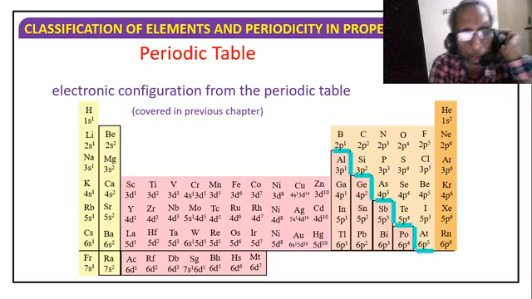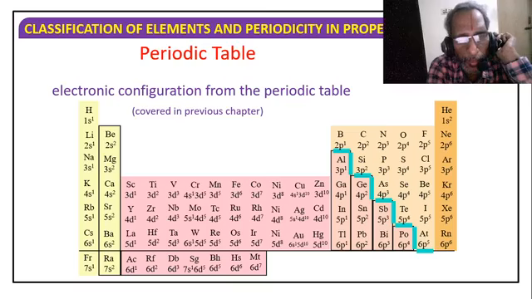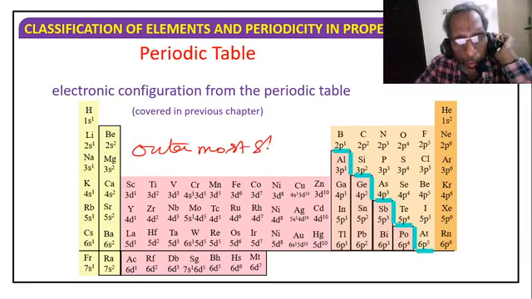So once again to recall, already we have studied electronic configuration in the second chapter. Here only the valence shell, meaning the outermost shell configuration, is mentioned. Hydrogen has only one electron, 1s1. Lithium outermost 2s1.